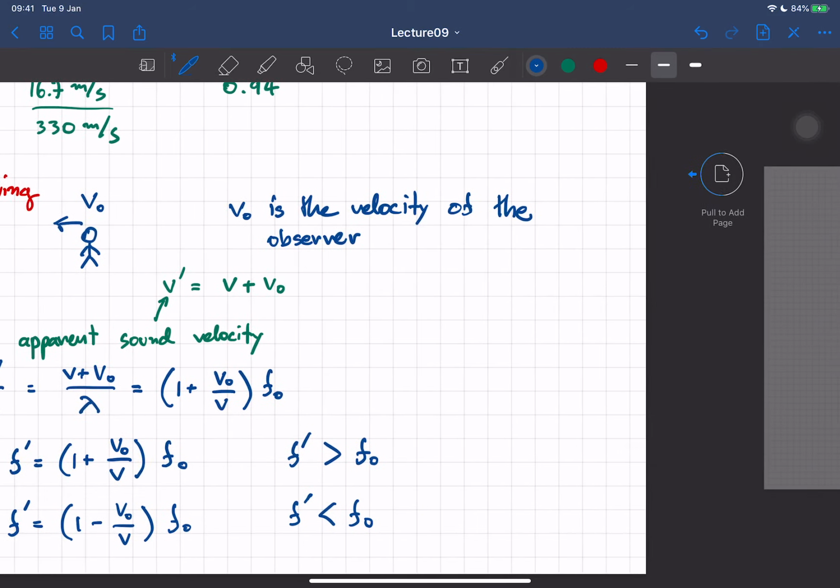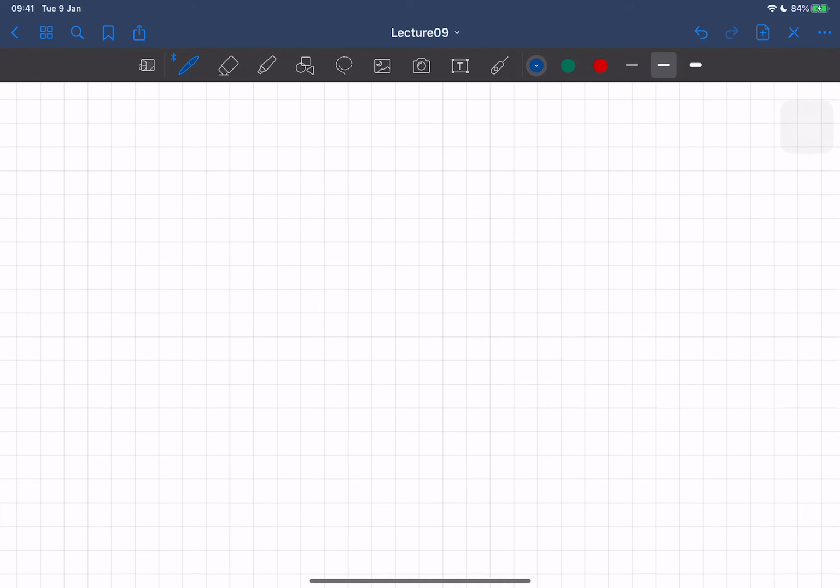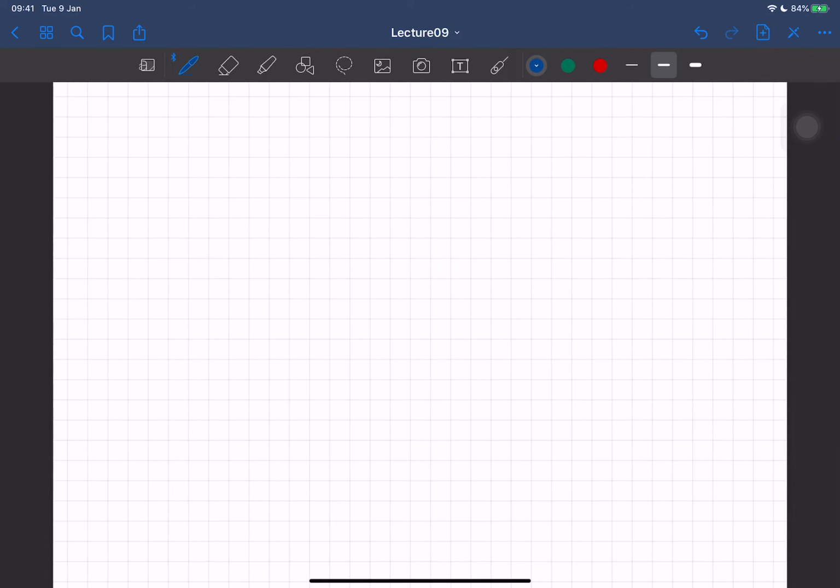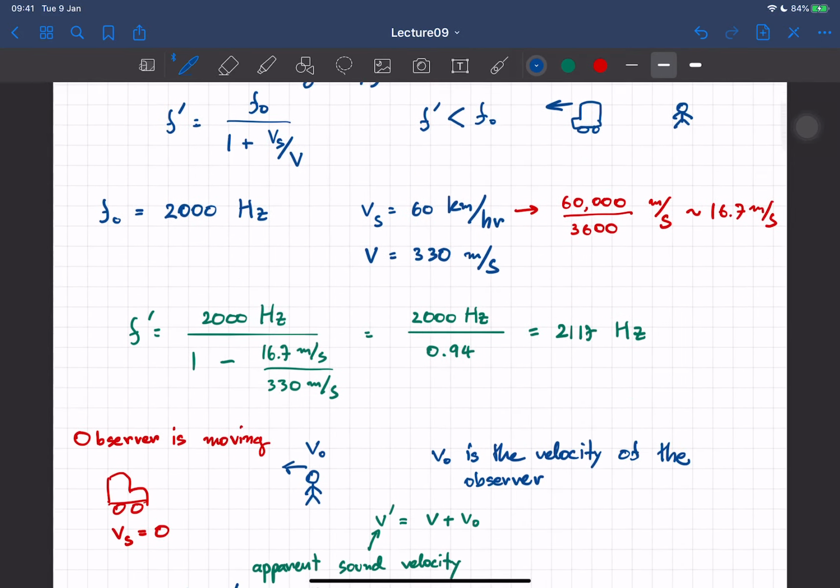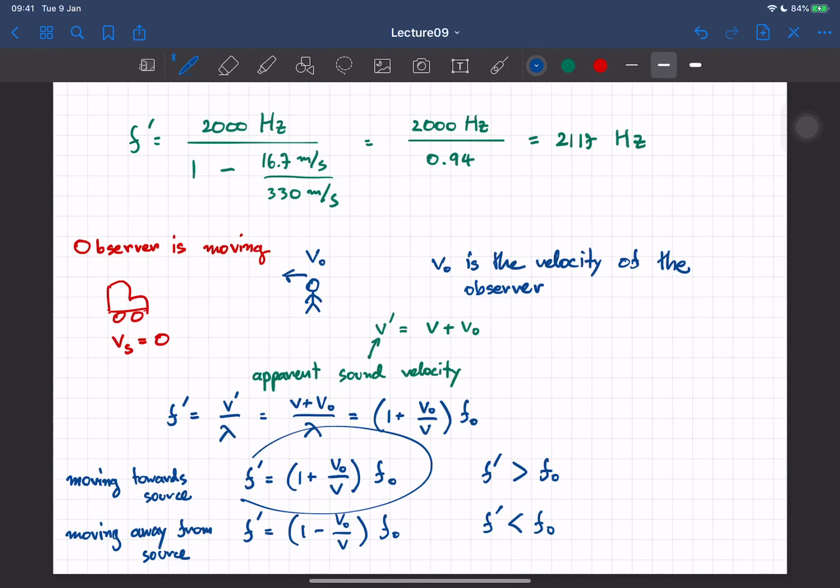So we're gonna have the most general case of the Doppler effect, where both the observer and the source are moving, right? So in that case, f prime is gonna be 1, again plus or minus depending on how the observer is moving. So we have this factor, and that's the factor coming from here that we just did, okay?